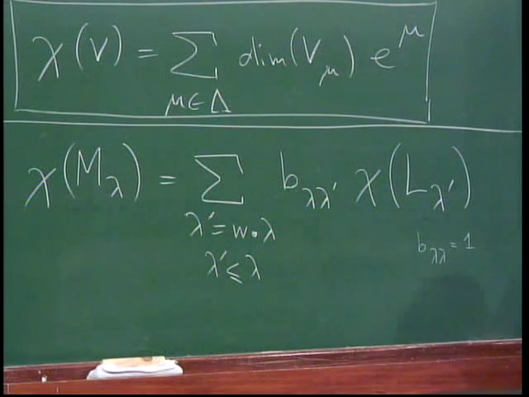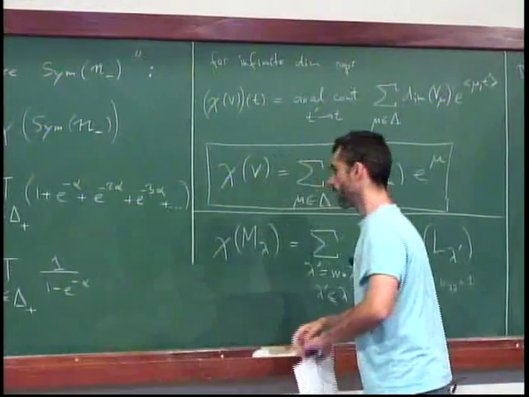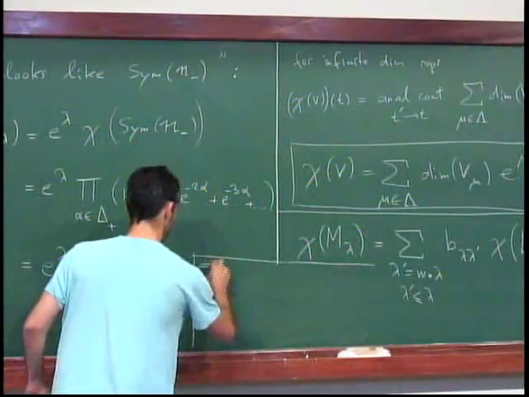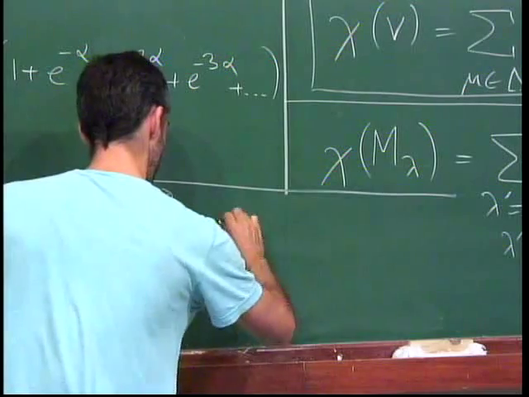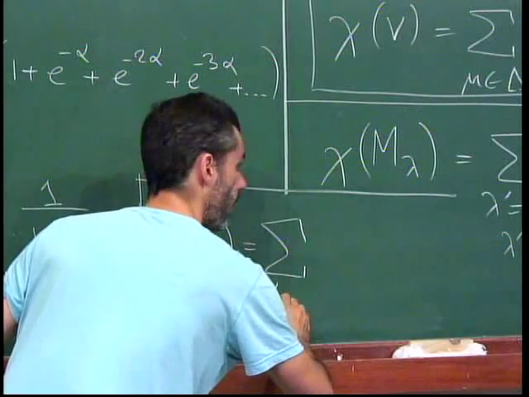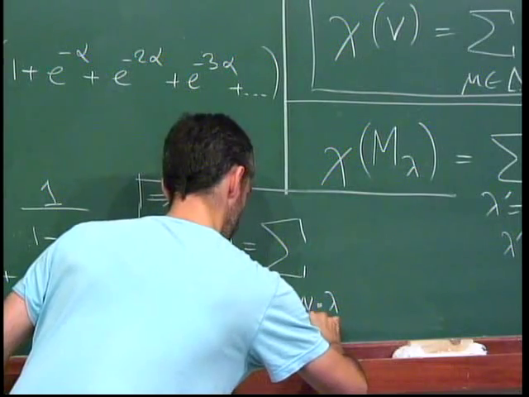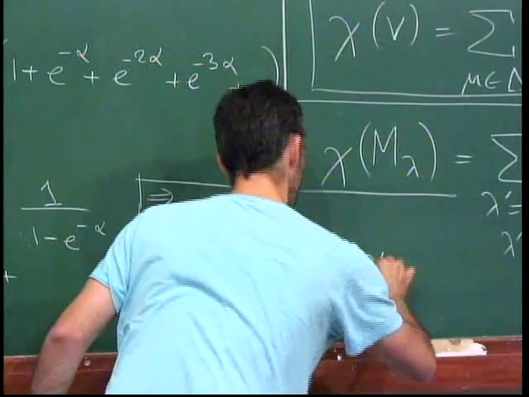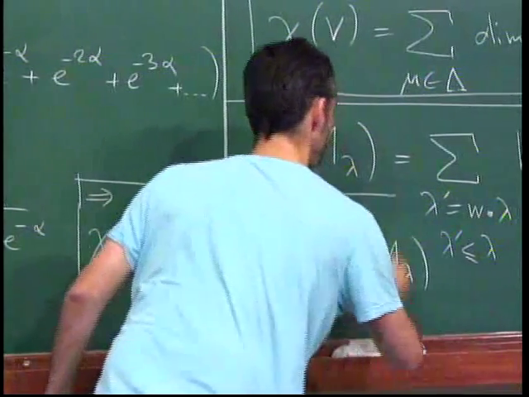And what we find is a similar expression that expresses the character of L lambda as a sum over lambda prime of now another matrix, the inverse matrix, A lambda lambda prime, times the character of M lambda prime.